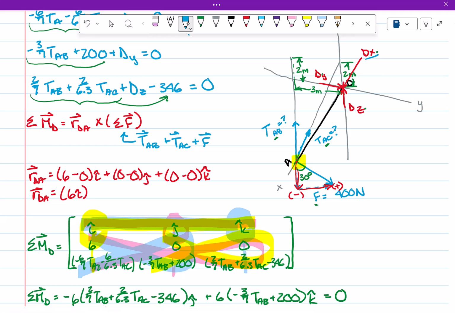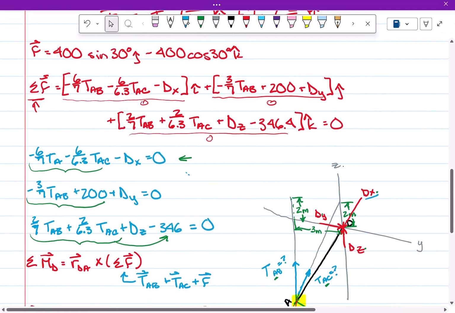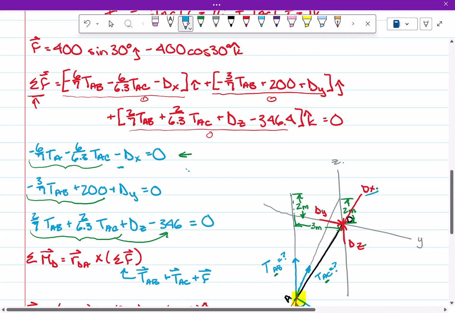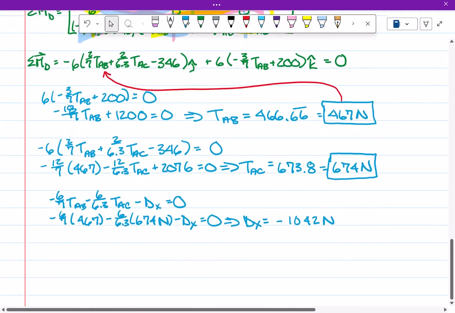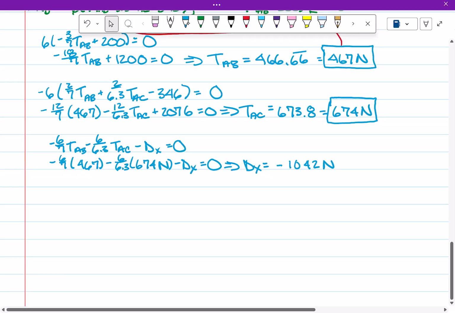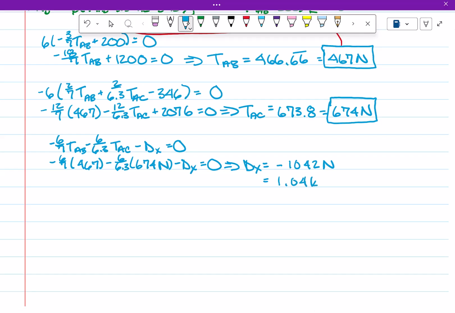So it is indeed positive direction. So you might write 1.04 kilonewtons, and that would be positive. It's in the positive direction.